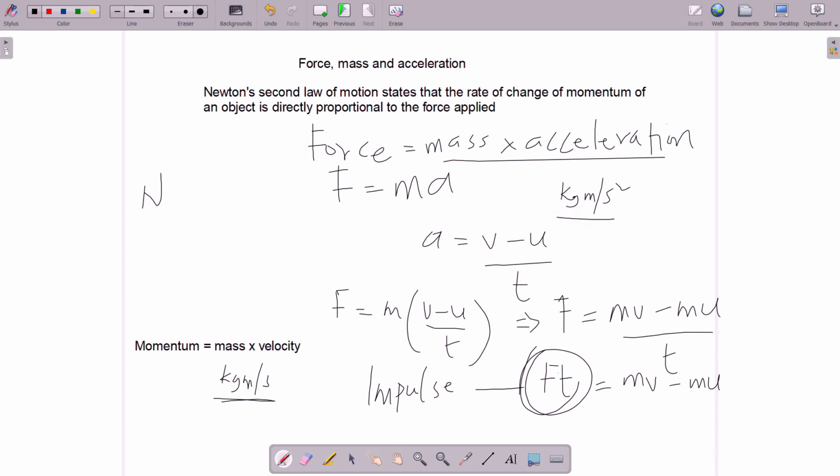The one we commonly use is a Newton, but it can also be expressed in kilogram meter per second squared. Therefore, if we look at the impulse relation here, which is force times time, force is measured in kilogram meter per second squared. Time is measured in second. Therefore, when we put these two together, we are going to end up with kilogram meter per second.